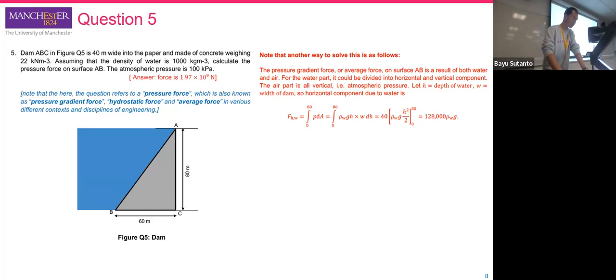I will start with the vertical one because this is easier to understand. So this is the construction of a dam, C, A, B, and this is the water.